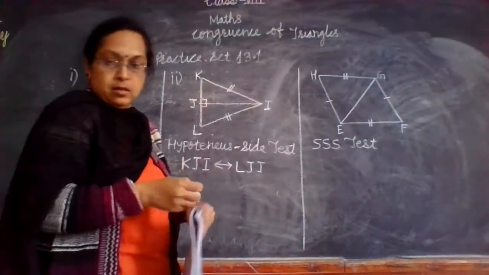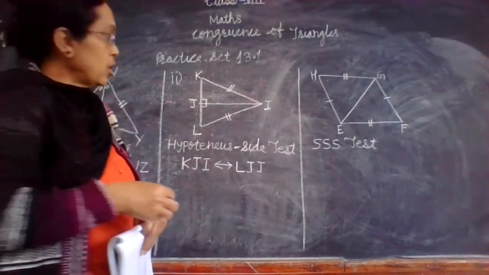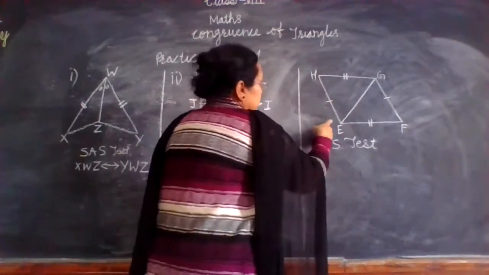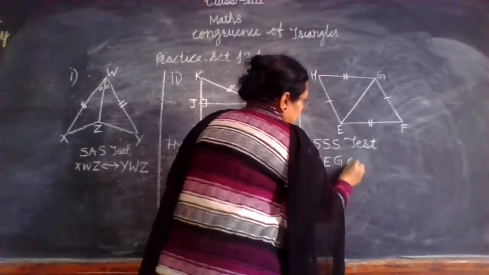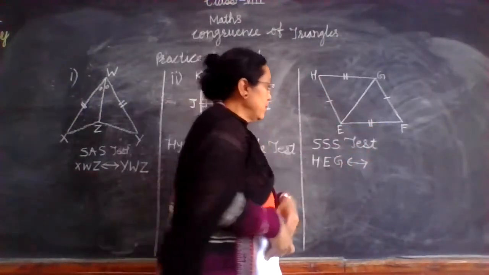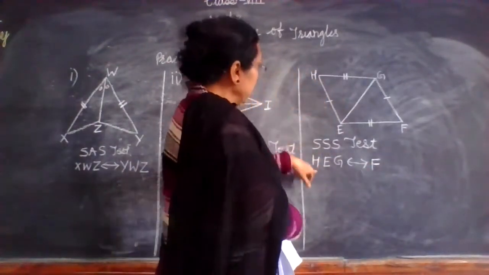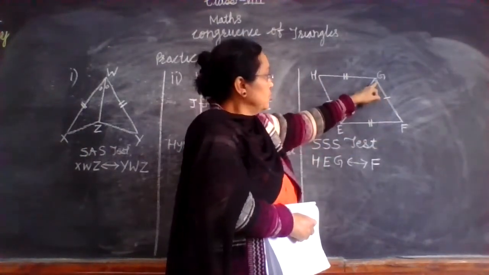Now let us write the correspondence of vertices. Now if we will start from H, here in this triangle, its name will be HEG. Will be corresponding to, instead of H we will write F, but now HE is congruent to FG.